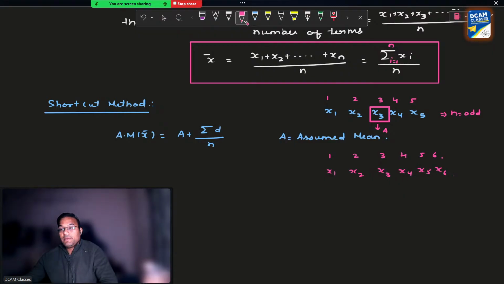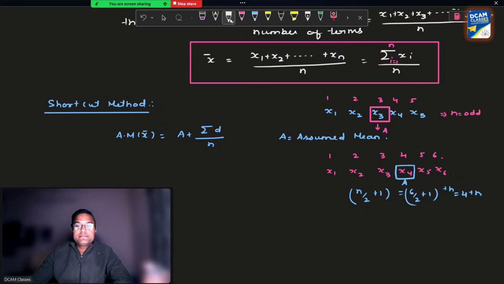Now it becomes difficult which one will be your assumed mean, either this or this. The formula is you have to take the n by 2 plus 1th. 6 is there, means 6 by 2 plus 1, the 4th. This value becomes your assumed mean, A.